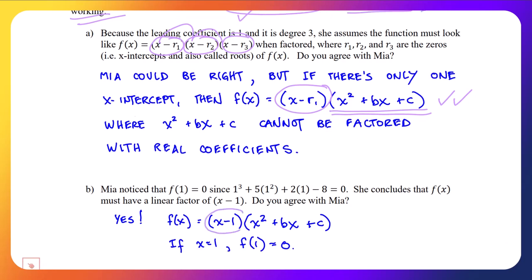Now, if x minus 1 is a factor, and I have something else that follows, whatever that is, if I plug in x equals 1, well, 1 minus 1 is 0, and 0 times anything is 0. So if x minus 1 is a factor, then 1 should plug in and give us 0.